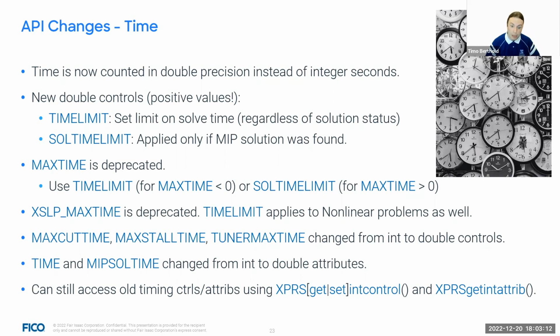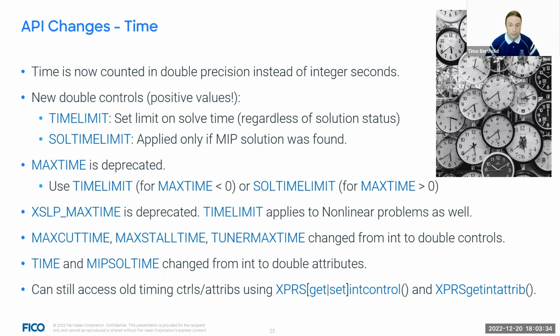The new double control time limit takes over the meaning that a negative max time had so far. Setting it to, for example, time limit equals 60 means stop the solver after 1 minute, 60 seconds, no matter what, which is what 95% of the users want, a strict time limit.